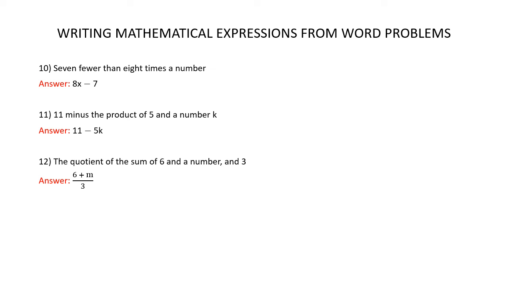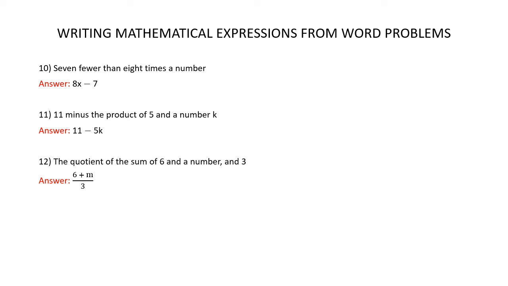Next, 11 minus the product of 5 and a number k. Product of 5 and a number k is 5 multiplied by k, which is 5k. So 11 minus the product of 5 and a number k is written as 11 minus 5k.